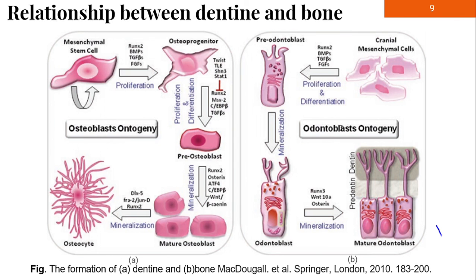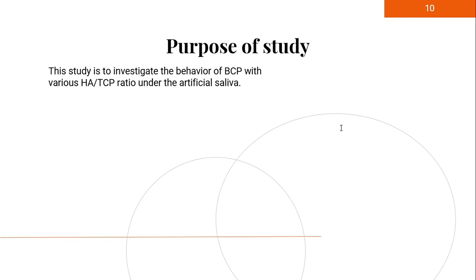However, this course is not focused on the hydroxyapatite forming activity, but mainly on the reaction of the BCP with the various ratios of hydroxyapatite and beta tricalcium phosphate. Therefore, this research is to investigate the behavior of BCP with various ratios of hydroxyapatite and beta tricalcium phosphate under the artificial saliva condition.